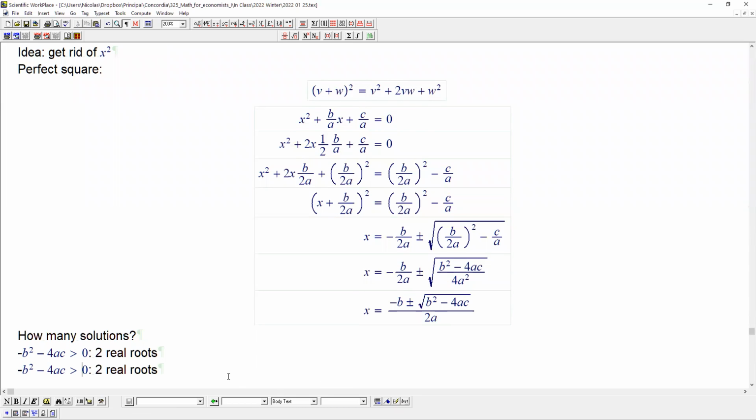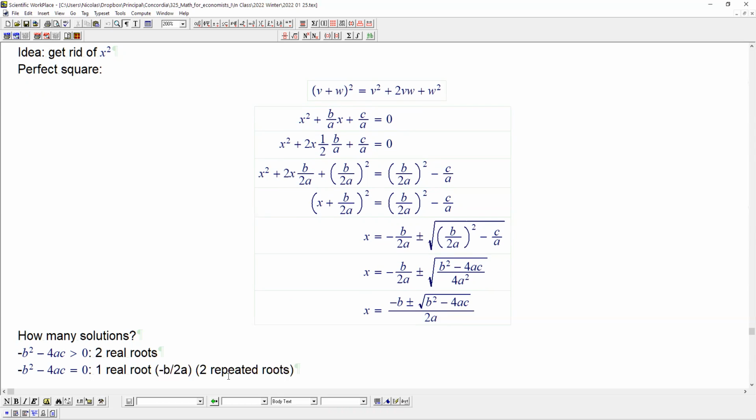If this equals 0, how many do I have? Yes, exactly. So one real root, which is just minus b over 2a. Or you could also say it's 2 repeated roots.